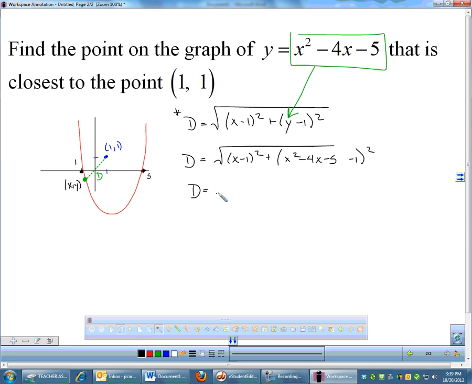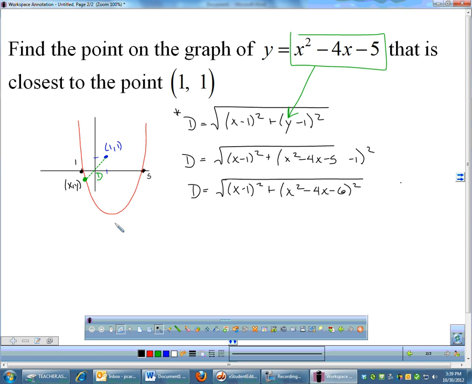And now it turns into one crazy algebra problem. Let's see, so that's (x minus 1) squared plus (x squared minus 4x minus 6) squared. And we will have to take the derivative of this in order to minimize it.